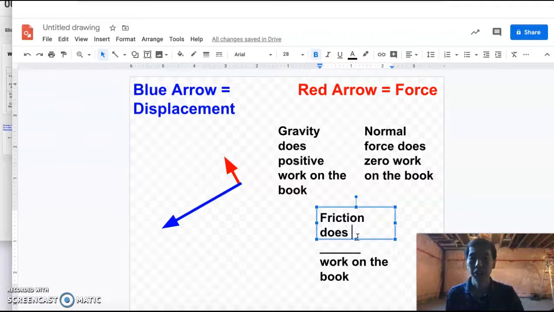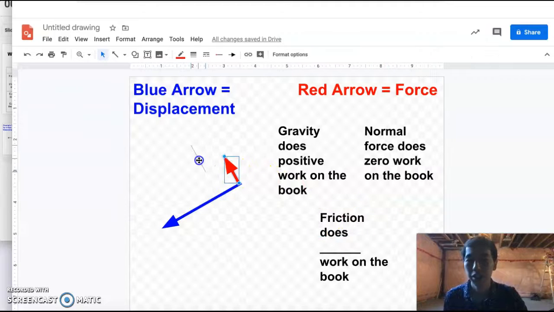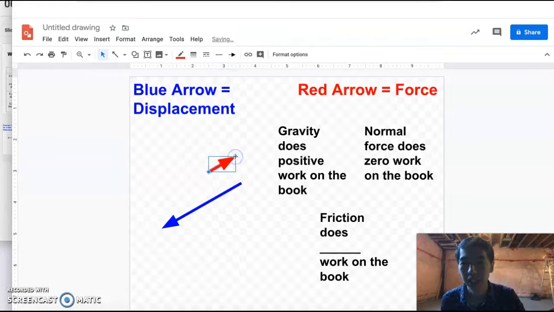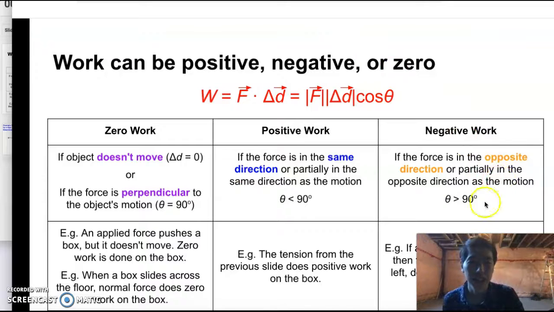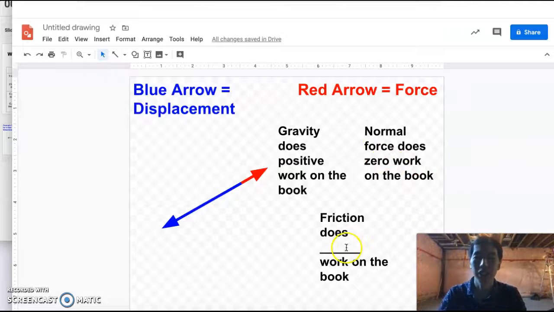And finally, friction. Which way does friction point on the book? Well, friction is resisting the sliding, so friction would be pointing in the opposite direction of the motion. So if they're in opposite directions, it does negative work. So friction does negative work on the book.